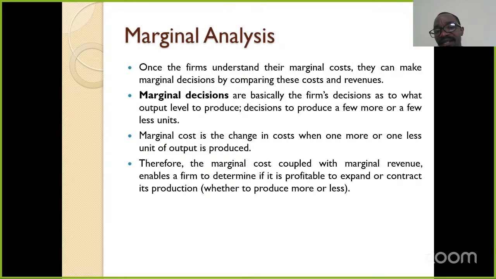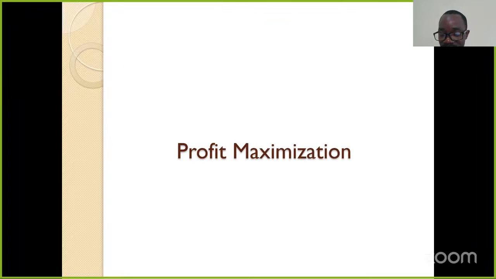So what you're saying is, marginal cost coupled with marginal revenue enables the firm to determine if it is profitable to expand or contract its production. Now let's get to the last part of the lecture, profit maximization.